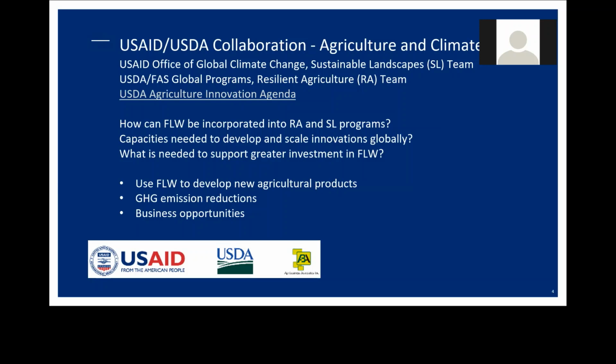So we'll be looking at how to use food loss and waste to develop new agricultural products, and then the greenhouse gas emission reductions associated with those and the business opportunities. And with that, I'll hand it over to Noel Gerwick to just talk a couple minutes about USAID's priorities.